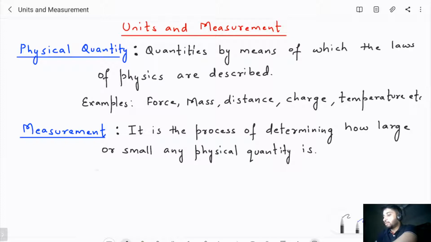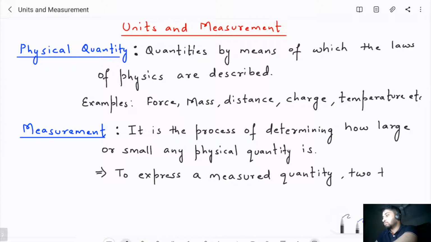Now, to express any measured quantity, two things are required.